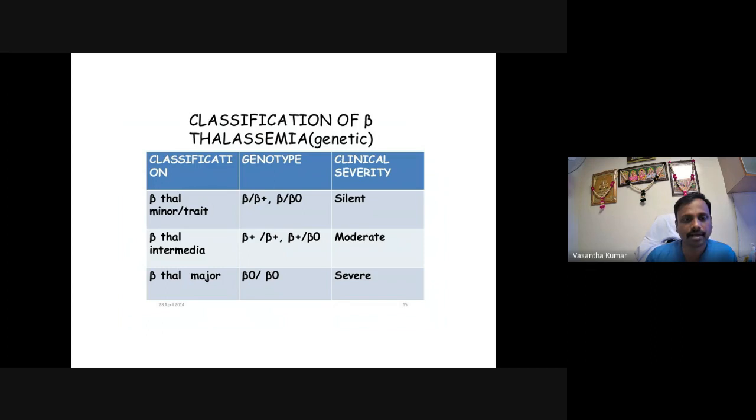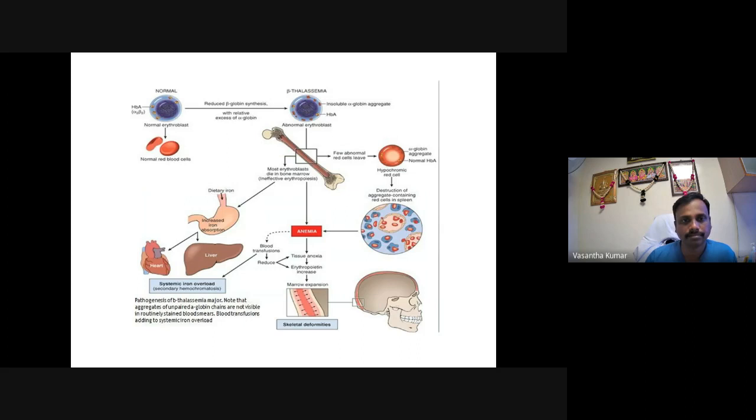In beta thalassemia, minor, major, and intermediate are the classifications, and beta thalassemia is more common than alpha thalassemia. What happens is there is reduced beta globin synthesis. Normal adult hemoglobin, as you can appreciate in this picture, has 2 alpha and 2 beta chains.